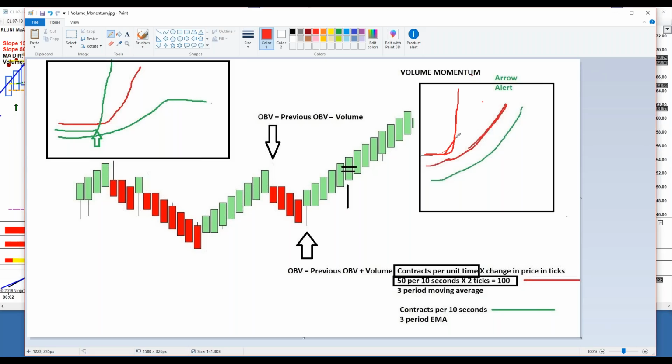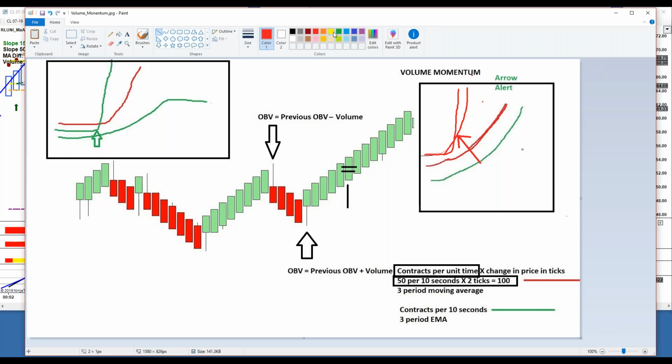And it's going to drive the slope of this line like this. So what we're looking for is the separation between these 2 lines. And as they separate, you're seeing an acceleration in price to the upside or the downside on increasing volume.